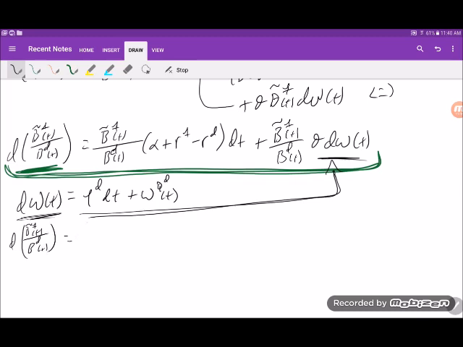So that is equal to b tilde f over d, alpha plus rf minus rd dt plus sigma, and so now again we're going to fill in that result.